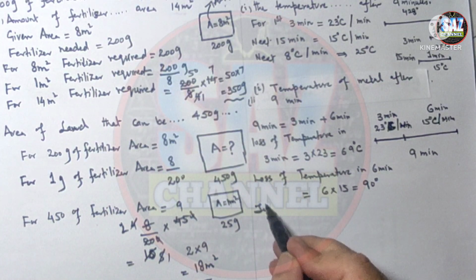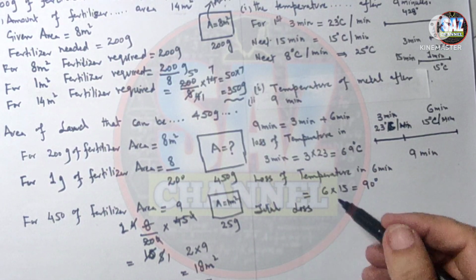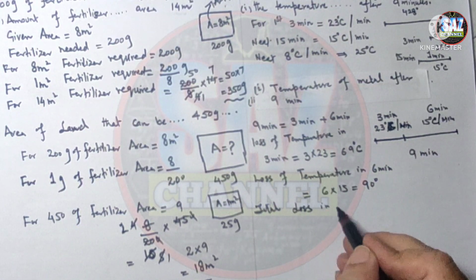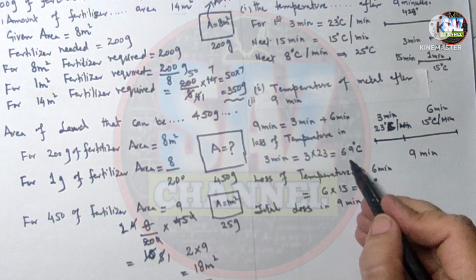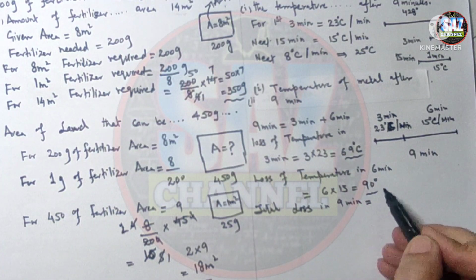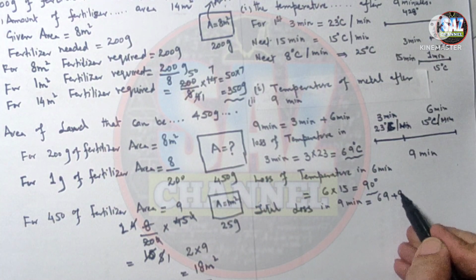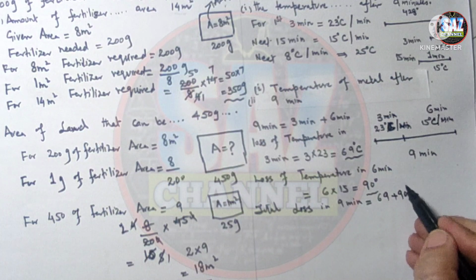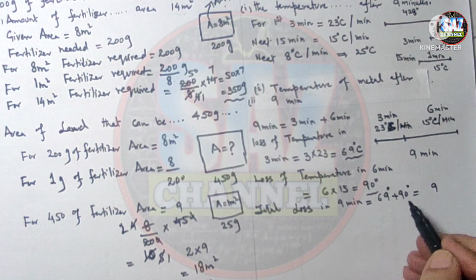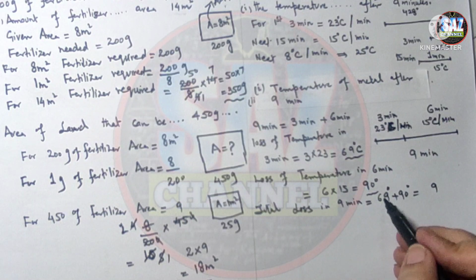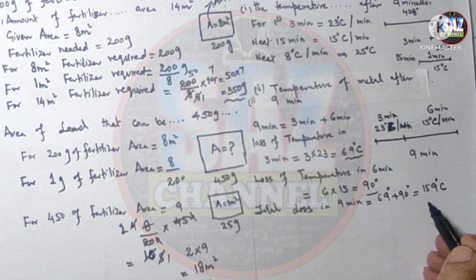So total loss of temperature in 9 minutes, we are going to add 69 and 90. This is degree centigrade, and this is 9 and 1 is 10 and 5 is 15, 159 degrees centigrade.